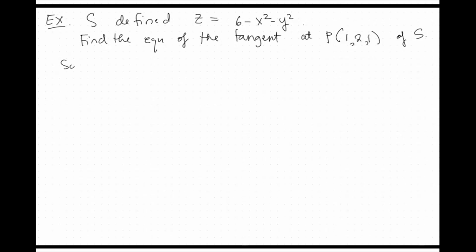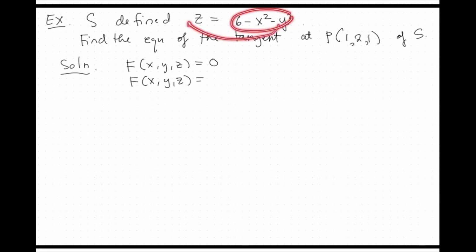Okay, so let's do it. First, we have to express S as F(x, y, z) equal to 0. As I mentioned before, we can put this z on the other side, or put everything on the other side. It will not be very relevant because you can divide everything by negatives.